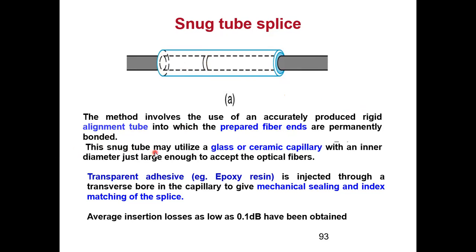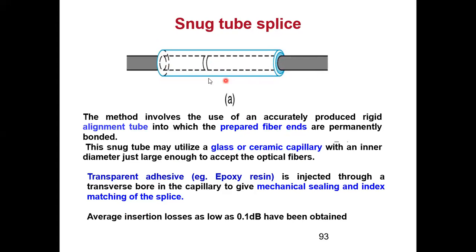Okay, so this snug tube is either made up of glass or ceramic, and it has an inner diameter just large enough to accept the optical fiber. Here you see tight packing. So the diameter of this tube is a little bit more compared to the diameter of the optical fiber. So this is your first category. This is the simplest way the diagram is drawn.